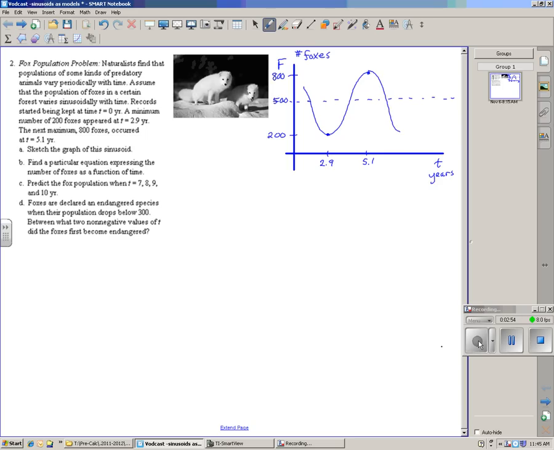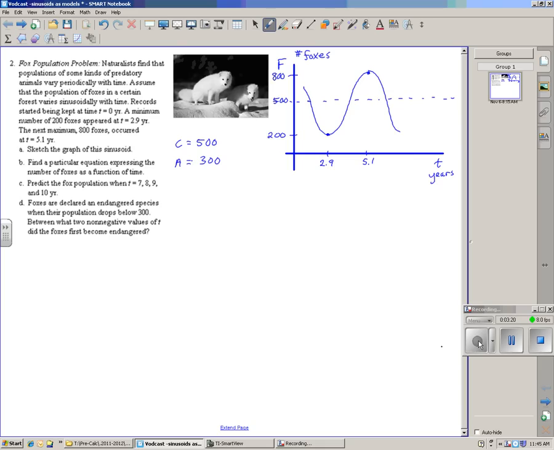Okay, so we want to come up with an equation. So we need to know things like the sinusoidal axis. We need to know the C value, which we do know already is 500. The amplitude, we can figure that out from 800 minus 500 is 300. Make sure that 500 minus 200 is also 300. So we have the amplitude of 300.